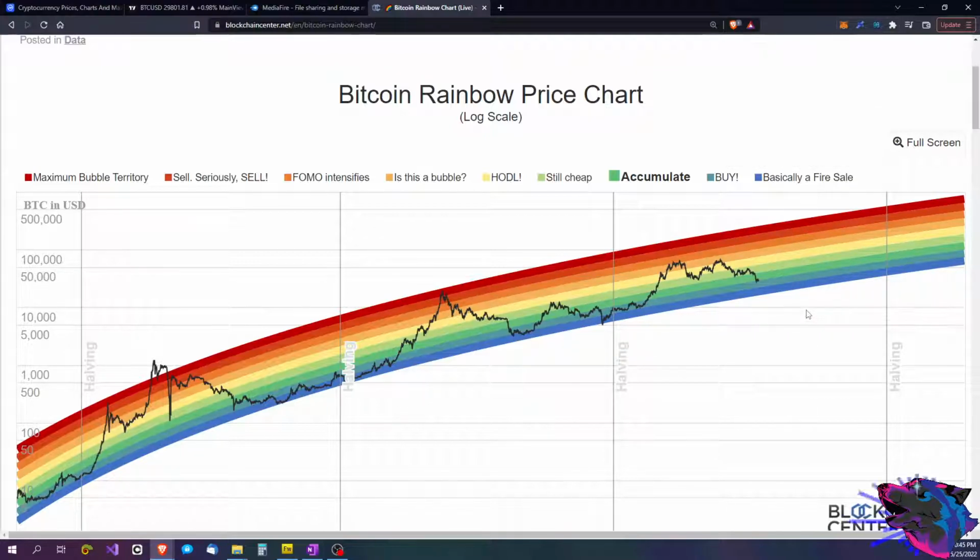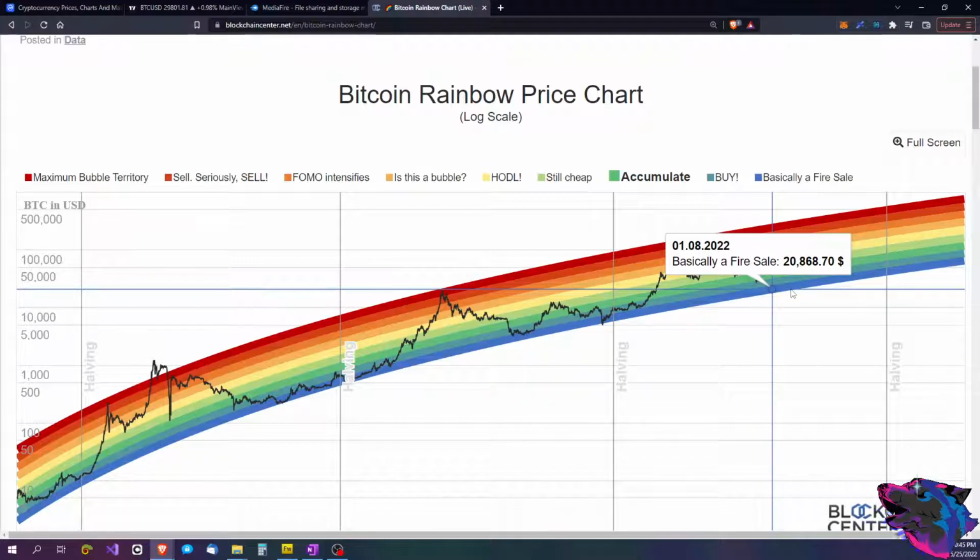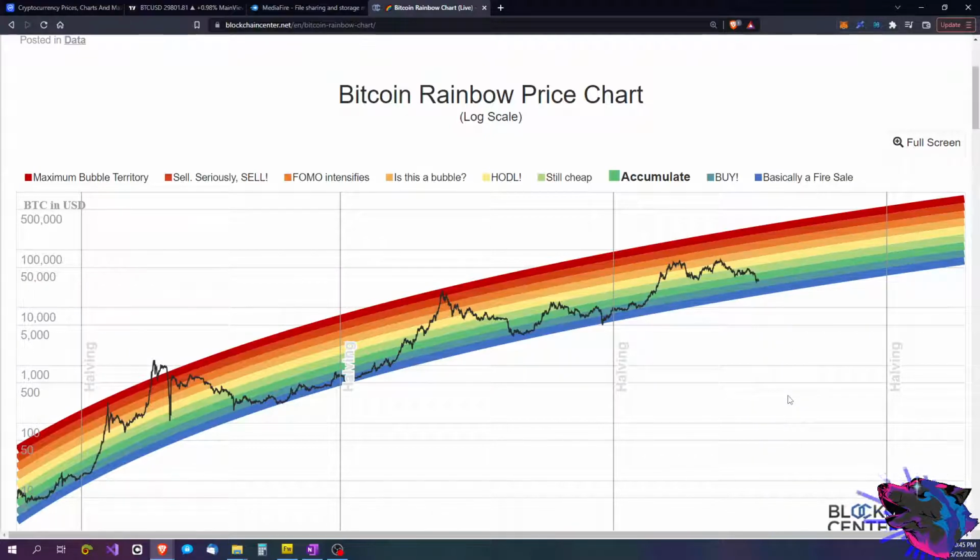And if we do get down into the blue zone, basically a fire sale at that point, I myself will probably be looking to buy. Obviously, it's going to depend on how things are looking, what I'm seeing with Market Cipher and everything like that.